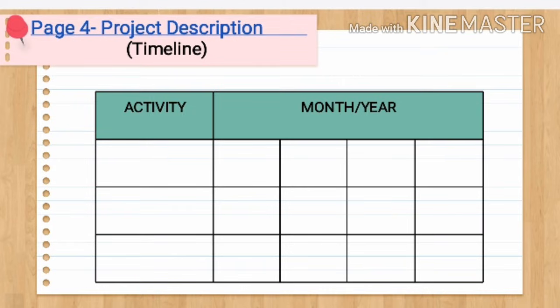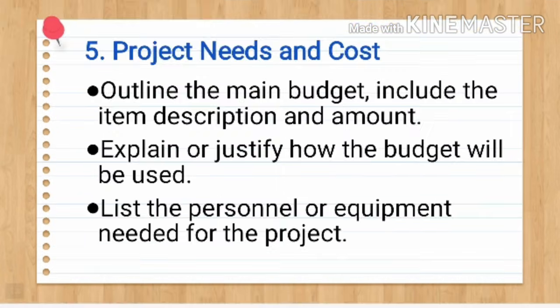For your page 4, still under project description, we have the timeline. So we have here the first column, the activity, and then the next is the month and year. So here you identify the activity and the target month where you will be accomplishing the said activity.